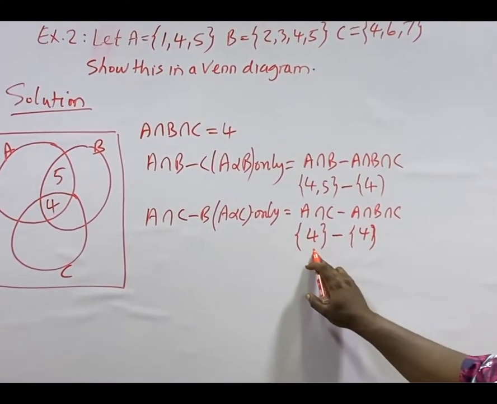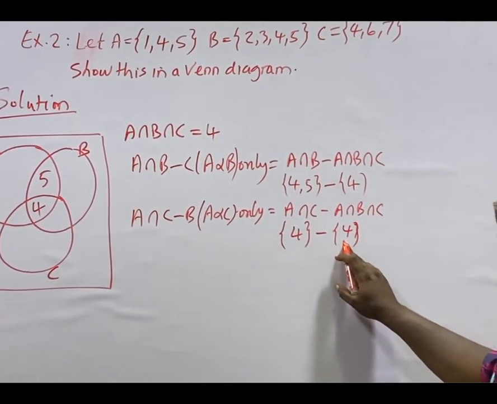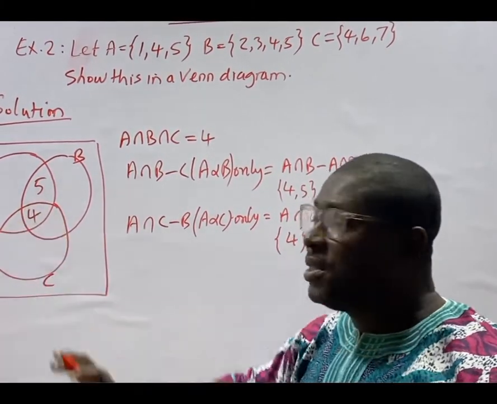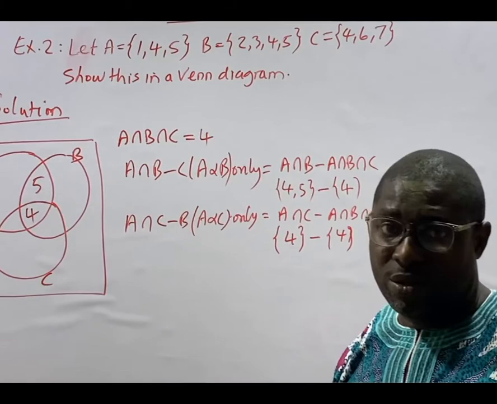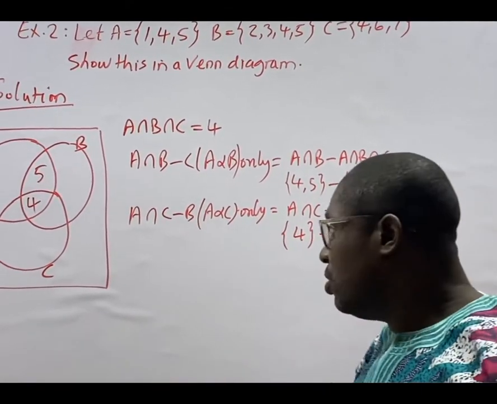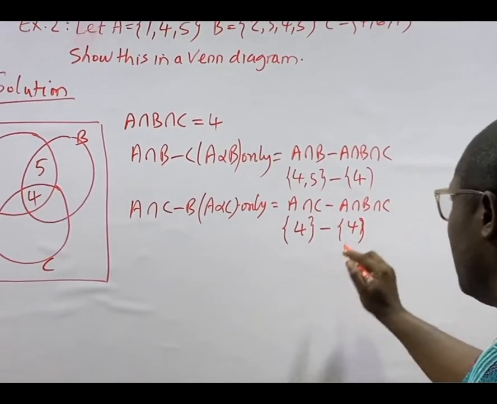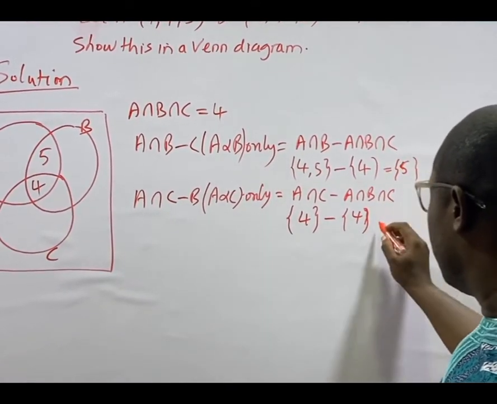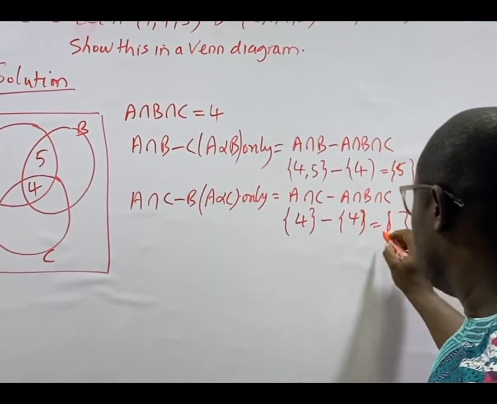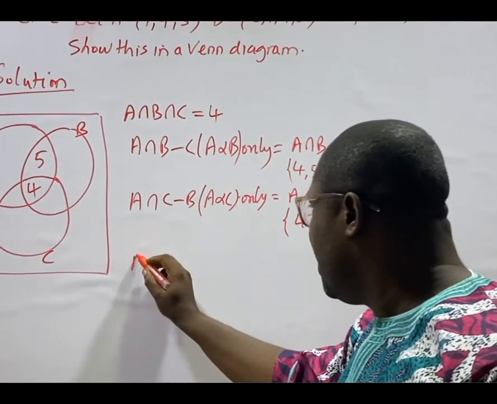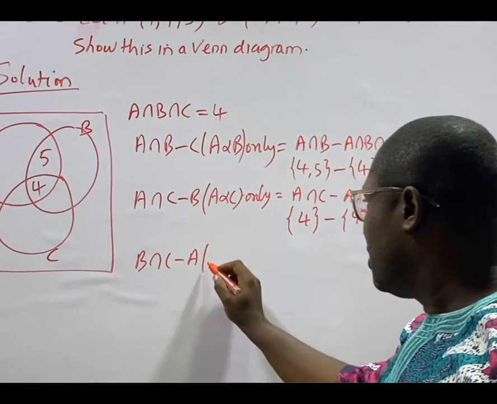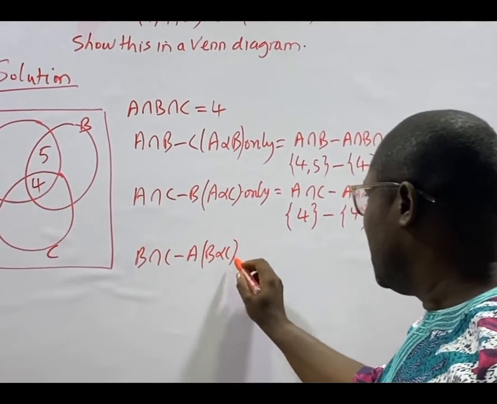So if we have 4 minus 4, what will be left? Nothing. So there will be nothing placed in this section. I trust you're following? Good. So this is a null set. This is going to give us 5, as you can see, and this is going to give us a null. Next is B intersection C minus A, that is B and C only.